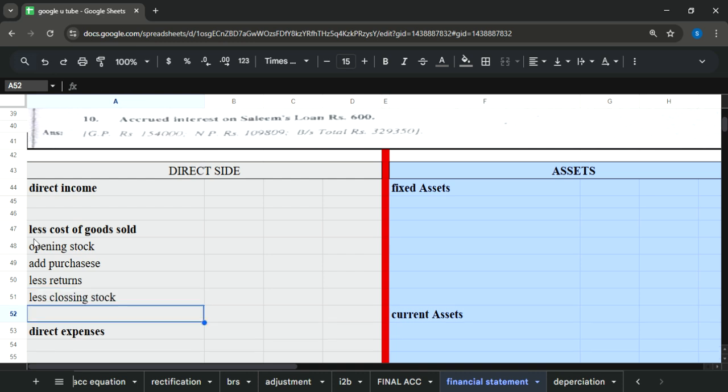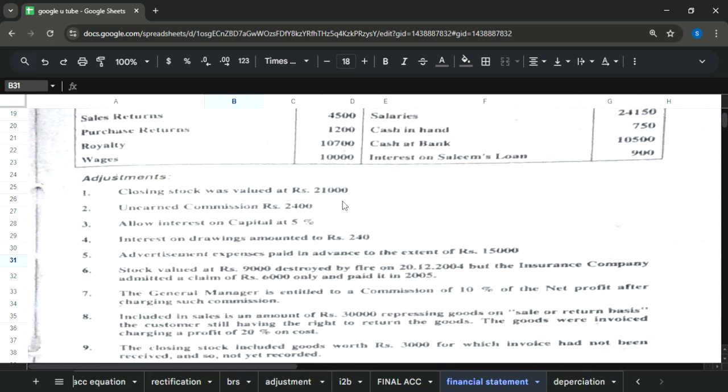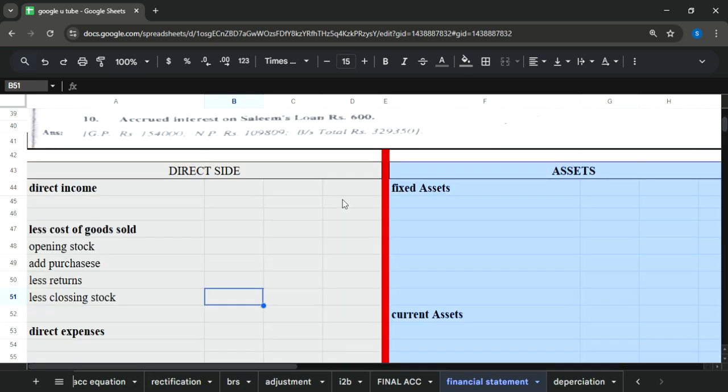Here we are talking about closing stock, the amount of which is 21,000. You know that adjustments do have two effects. So closing stock we have written in the cost of goods sold statement, and in the similar way 21,000 on the current asset side. So the dual effect of this first adjustment has been completed.